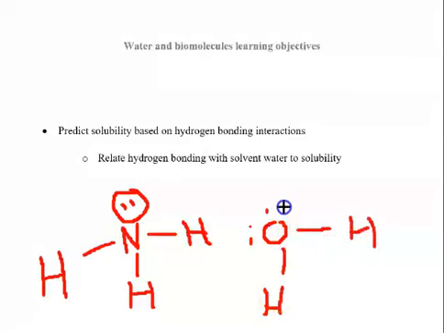These are the non-bonding electrons on the oxygen, and we can form a hydrogen bond dot dot dot. That's my hydrogen bond. It's the dots of the hydrogen bond, and we can form a hydrogen bond across here, right? So ammonia is pretty darn soluble in water because it has the potential to hydrogen bond with water.